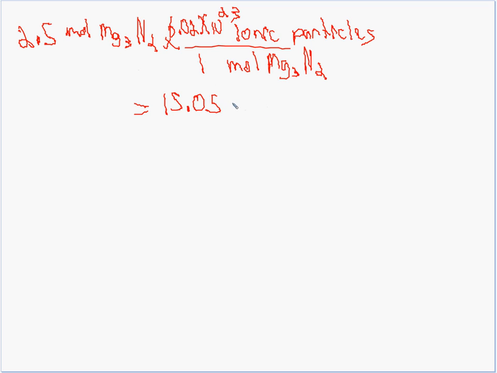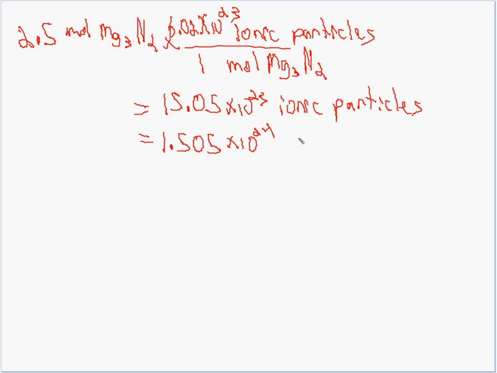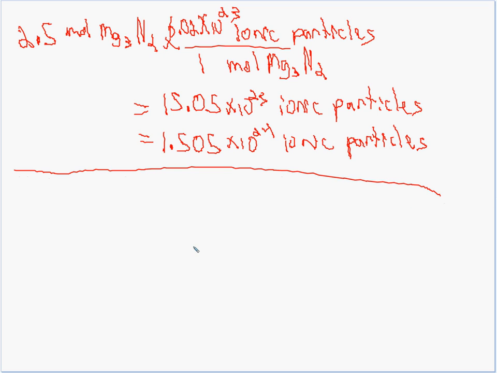So 15.05 times 10 to the 23rd ionic particles, which if we want to do this in scientific notation, we have to move it over 1 so that it's always after the first number. And then we have to up the exponent 1, because whenever you move the decimal to the left, the exponent has to go up. Otherwise, you're just changing what the number is, as opposed to how you're expressing it.